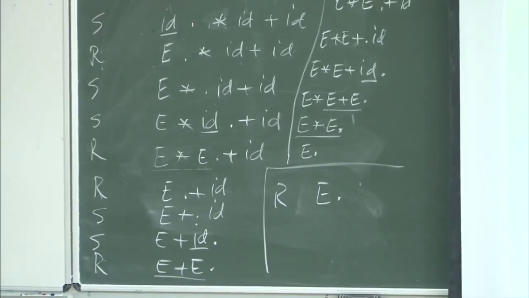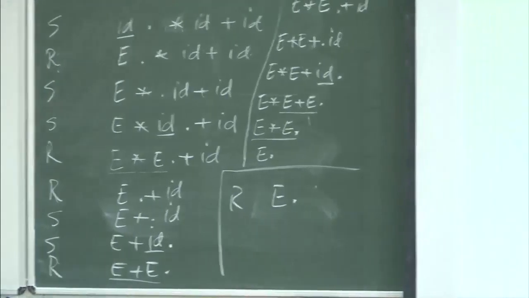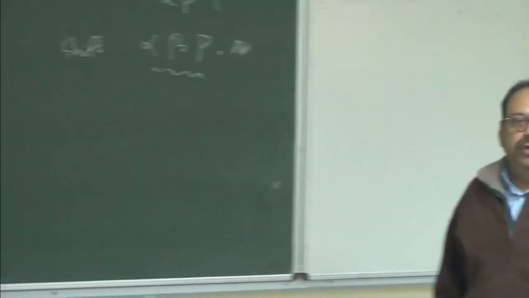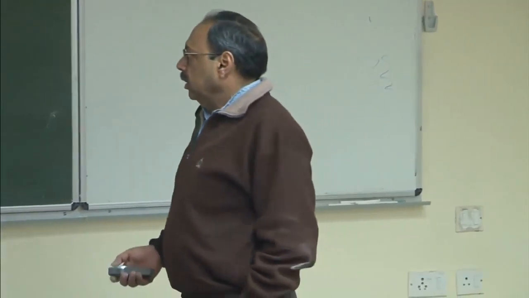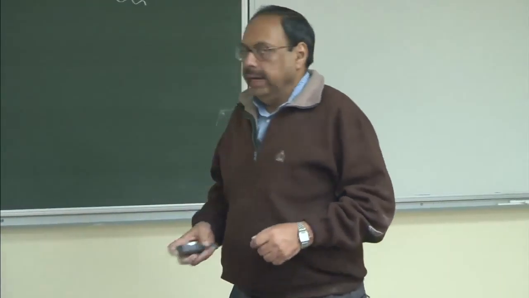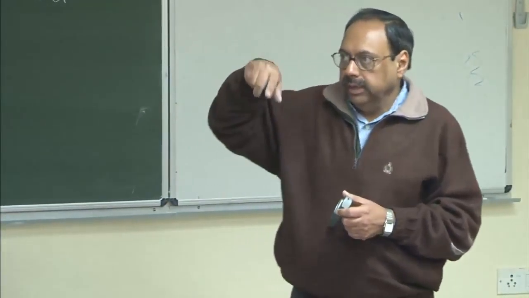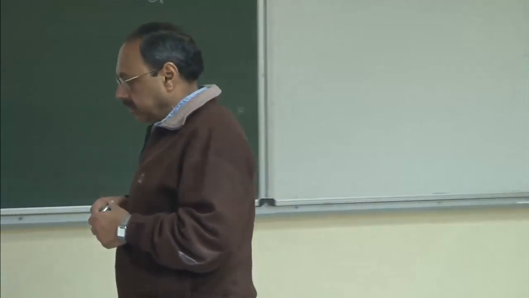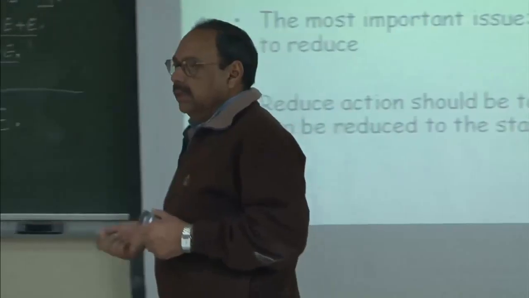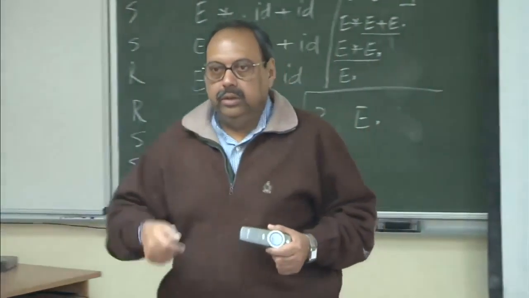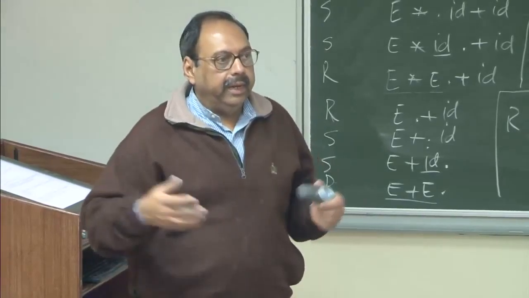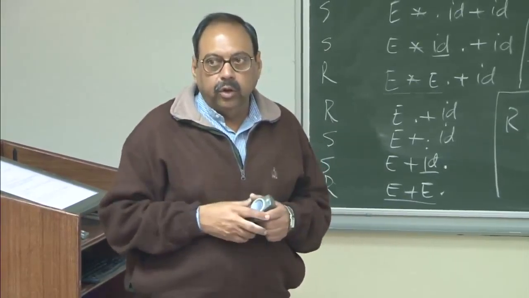So this is what we do, and the most important issue we want to raise here is when do we want to shift and when do we want to do a reduction. A reduce action should be done only when we know that, and this is where we think about the first example I gave. There was a situation where I was doing a reduce action on B, reducing that to A, and that led to a block saying I cannot proceed, and I came to the conclusion that this is a wrong string.